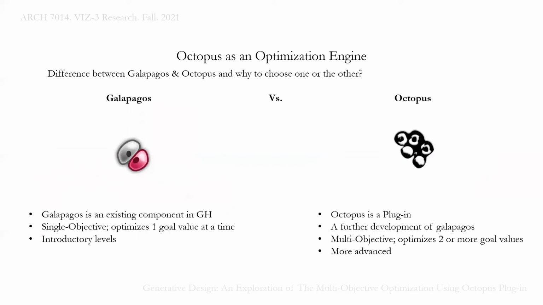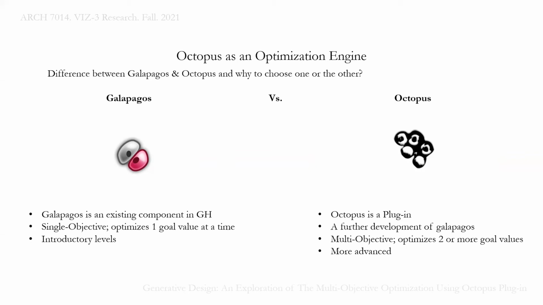So we have Galapagos that existed in Grasshopper a long time ago, even before Octopus. And I want to talk now really quickly about the difference between Galapagos and Octopus and why to choose one or the other. Galapagos is an existing component in Grasshopper, and it's single objective. It optimizes one goal value at a time, and it can work for people who are learning at an introductory level.